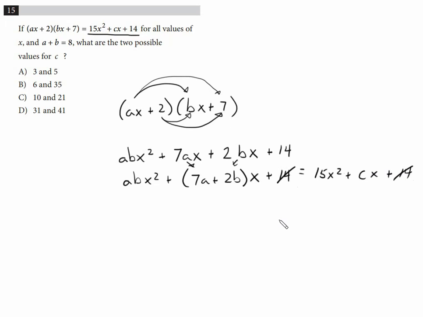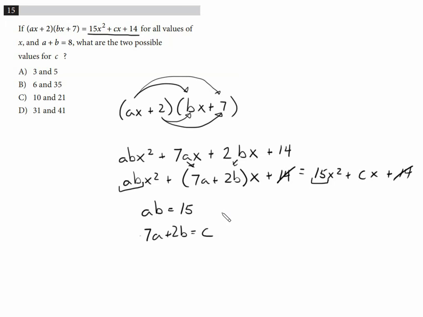So the 14s cancel out, and instead of trying to solve this, recognize that this abx squared is 15x squared, which means that a times b equals 15, and that this part is 7a plus 2b equals c. Well, you'll need this in a minute to try to solve for your answer for possible values of c.